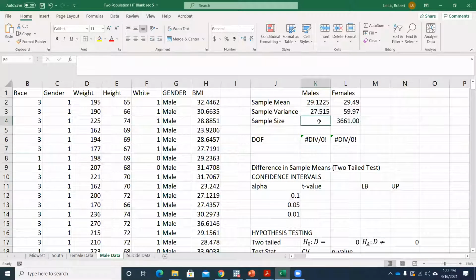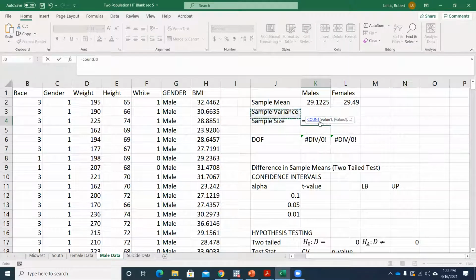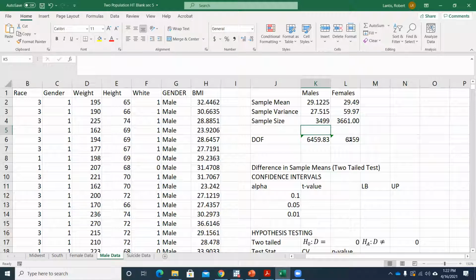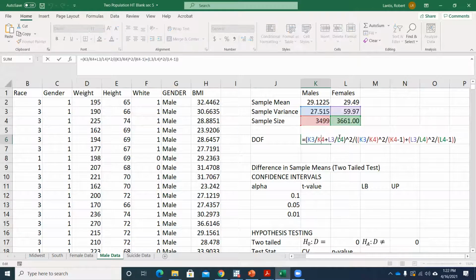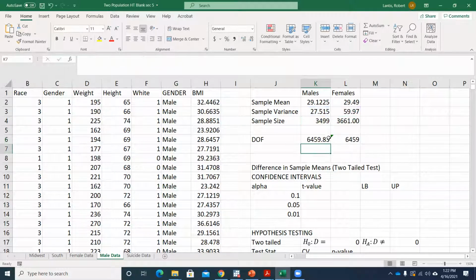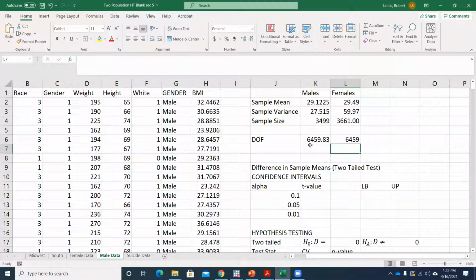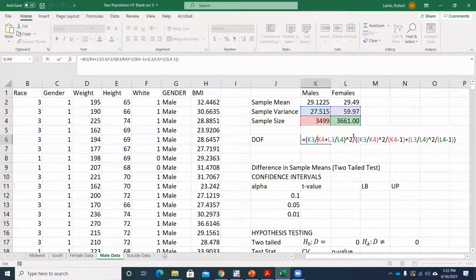So once I have this little table set up, it calculates the degrees of freedom for me. It plugs the sample variances and the sample sizes into that equation. It then floors it, or pushes it down to the next lowest integer. Notice 6,459.8 becomes 6,459. That's already going to be built into your Excel assignment, so don't delete those cells when you open it up, because this is kind of a pain to type in and make sure you've got it correct.